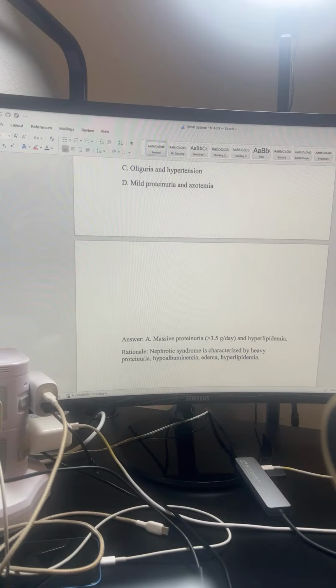So nephrotic syndrome is characterized by heavy proteinuria, hypoalbuminemia, edema, and hyperlipidemia. For your nephritic syndrome, you tend to have mild proteinuria. A lot of times you will have hematuria, which is microscopic, or it can be gross hematuria.